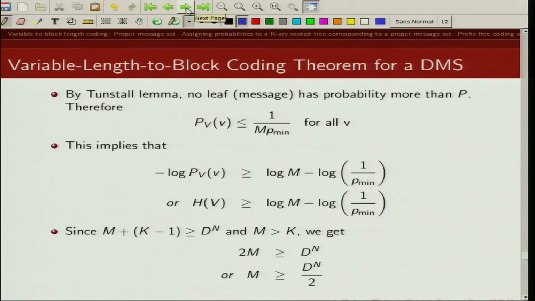Next, what is the number of messages we have? The number of messages that we have is k plus q times k minus 1, and the number of code words we have is D to the power n. So the maximum number of messages that we can have is basically up to D to the power n.